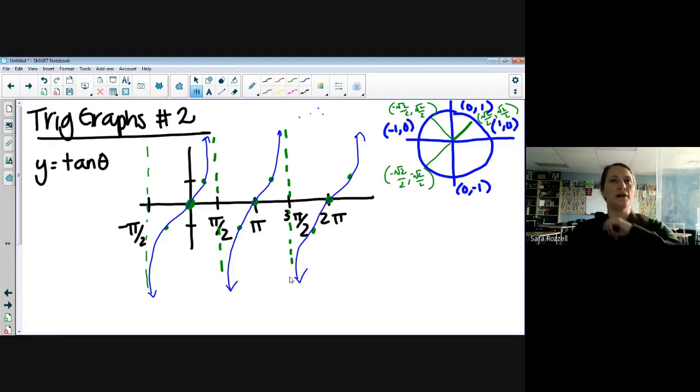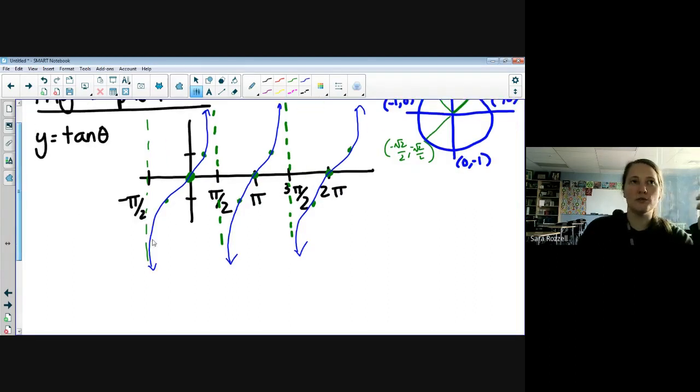So instead of our period being 2 pi, like in sine or cosine, in tangent, it's just 1 pi. So your values repeat after you get to pi. It's the exact same thing over and over again. Okay, so that's the difference with tangent and also cotangent than we had with sine and cosine. So our period is just a regular pi.